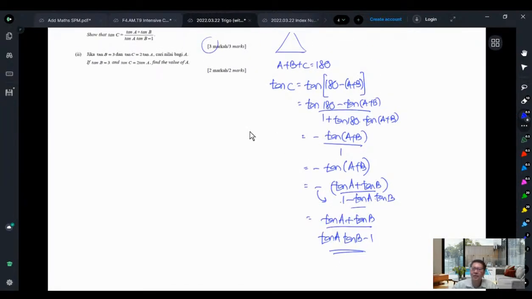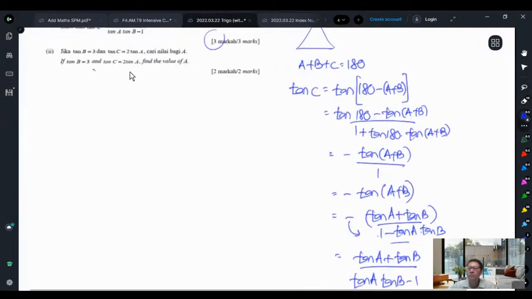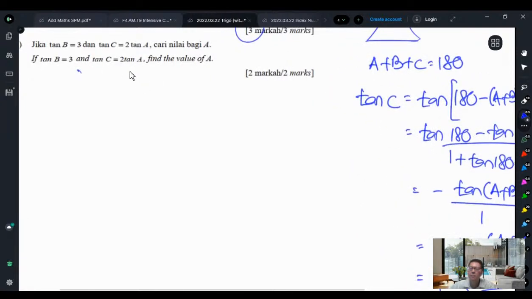Then the last one is, if tangent B equals 3 and tangent C is 2, check again. Tangent C is 2 tangent A, find the value of A. Okay.